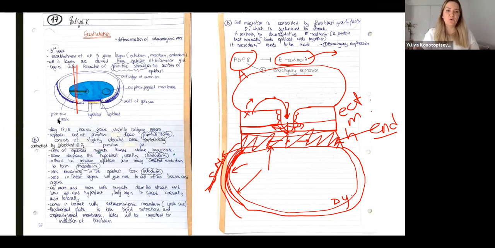So we're answering the question, how are the cells even detaching? They're capable of detaching because E-cadherin, the thing that holds them together, is not there. Who inhibits E-cadherin? FGF8. Who secretes FGF8? The cells of the epiblast which are near the primitive streak, okay? That was the first function of FGF8.